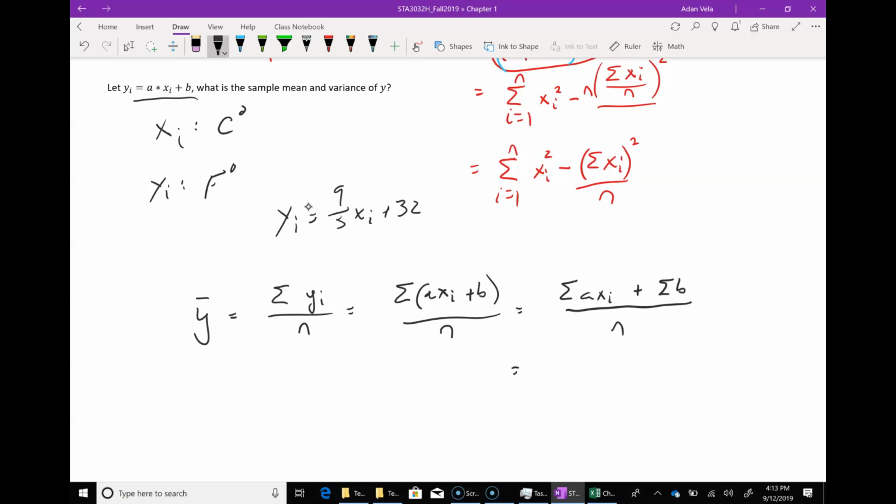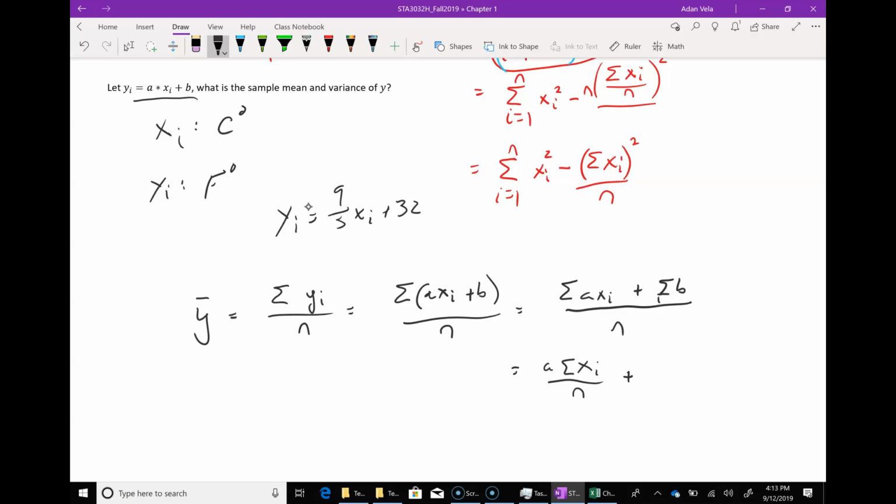Now we can actually start calculating some values. Here we can pull out the a, and we have the sum of xi over n. I'm going to split this fraction up. And here I'm going to have b, which is a given value.